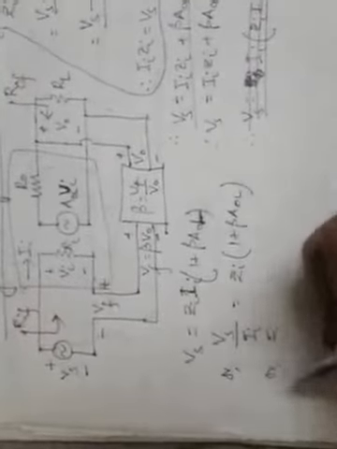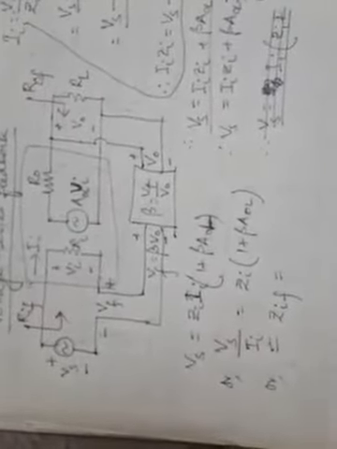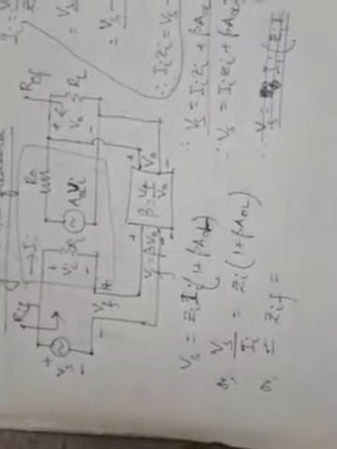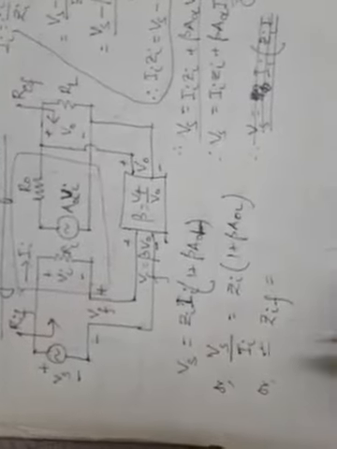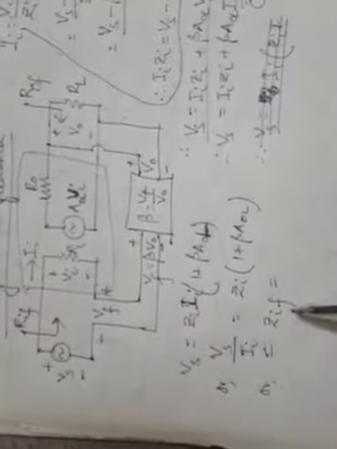It is nothing but ZIF, because II is the input current to the internal amplifier with feedback, and Vs is the overall external voltage source applied for voltage series feedback. So input voltage by input current is the input impedance with feedback, denoted by ZIF. This is Zi, which is the input impedance without feedback.